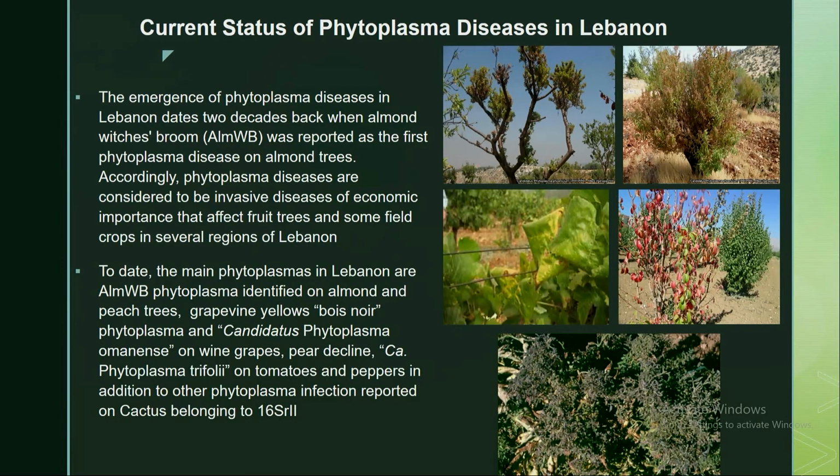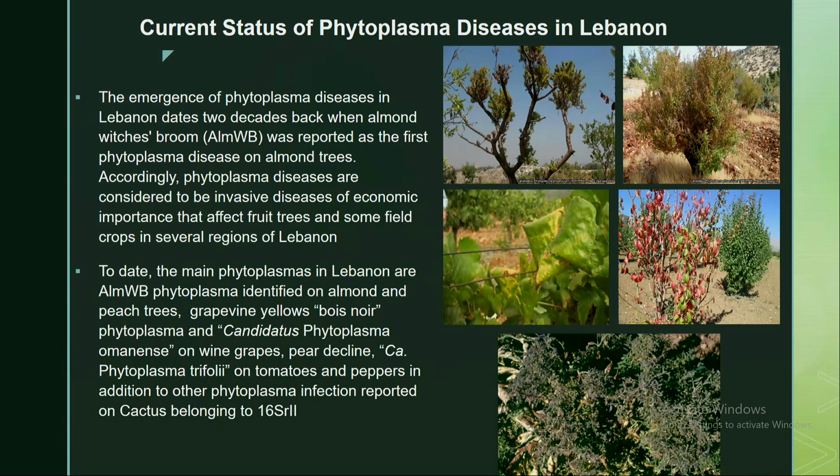First of all, a brief overview of the current status of phytoplasma disease in Lebanon, which has been studied in the last 20 years by the group of Lebanese researcher Elia Choueri and the group of French researchers led by Xavier Foissac.